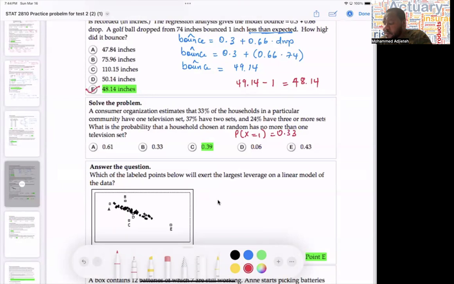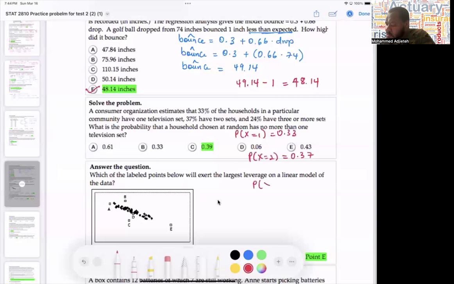And then 37% have two sets. So P of X equals 2 equals 0.37. And then 24% have three or more sets.